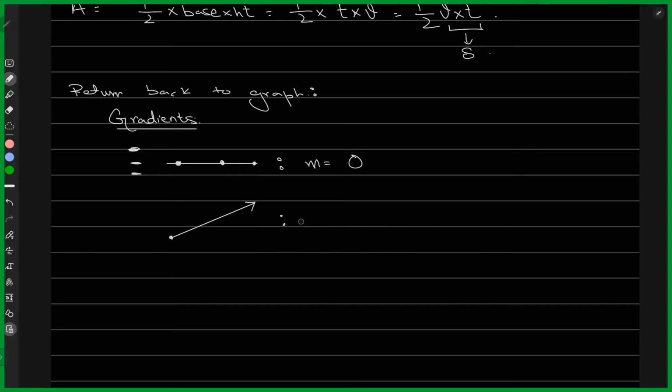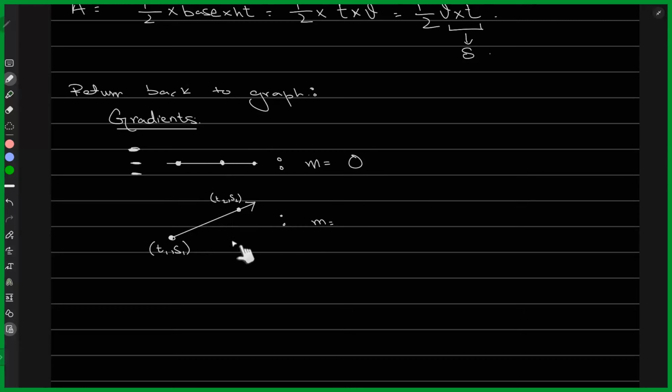You can see that mathematically as well by taking 2 points. Suppose we take these 2 points. Here we have T1, S1, suppose we're talking about displacement. Here you have T2 and S2. You can see obviously S2 is greater than S1 because S2 is above it.